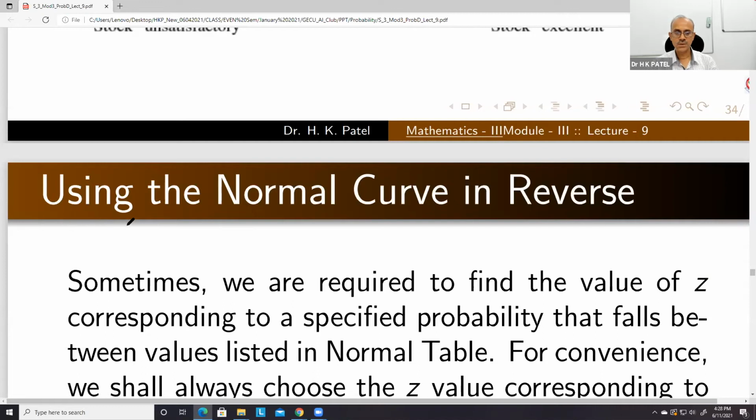Now, this is one other type of application, the reverse.